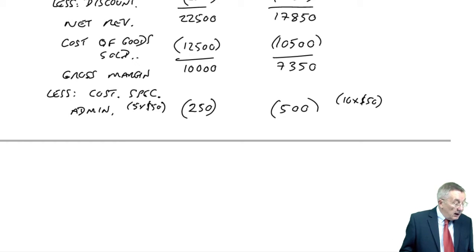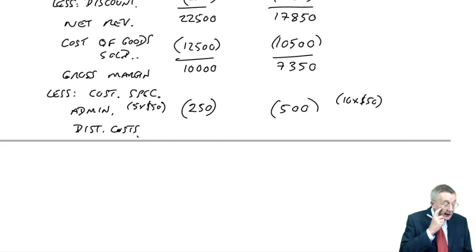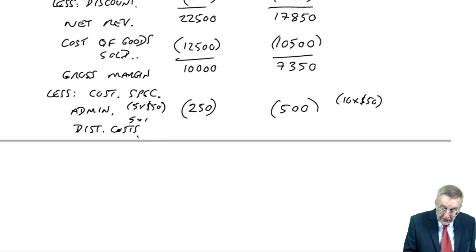In addition, the other cost mentioned is distribution costs. It's 1,000 per order. So again, Gollum had 5 orders at 1,000, which is 5,000.